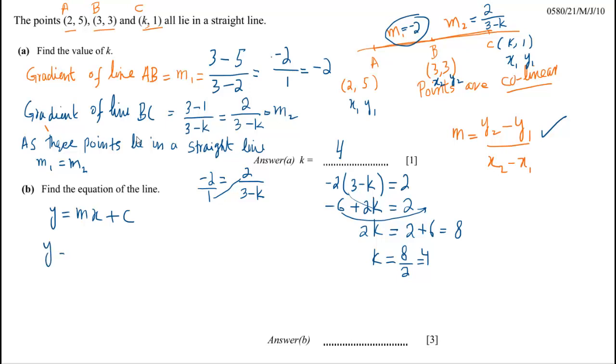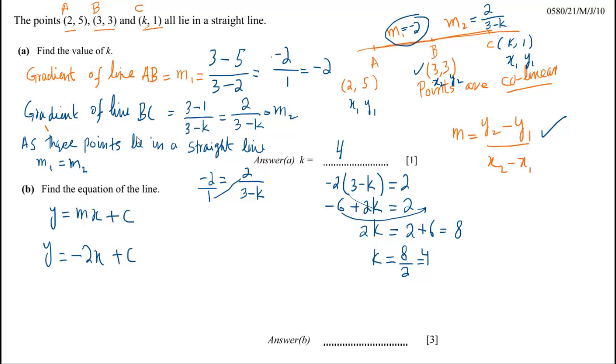So it is -2x plus c. To find this c, we put any one of the 3 points in this equation. Because all the 3 points are on the same line, any point on the line can be put into the equation. So take any point. Let me use this (3, 3).